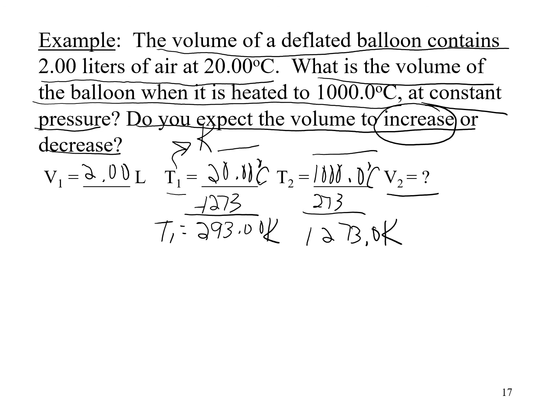We're going to use Charles' law for this example, which is V1 over T1 is equal to V2 over T2.